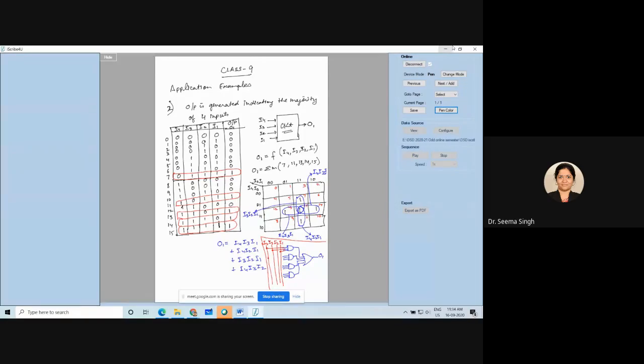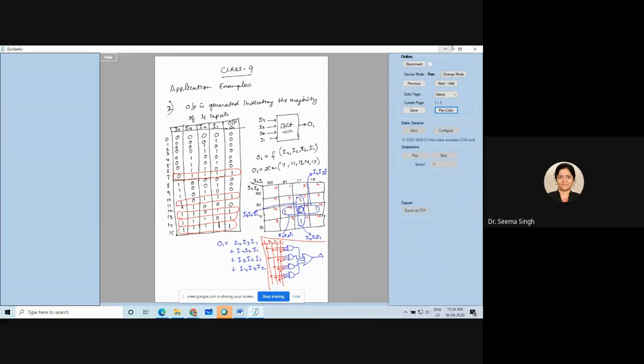So I4, I2, I1. This is the way to make the connection. Third one is I3, I2, I1. So I3, I2, I1, right? Last one is I4, I3, I2. So I4, I3, I2. Okay.